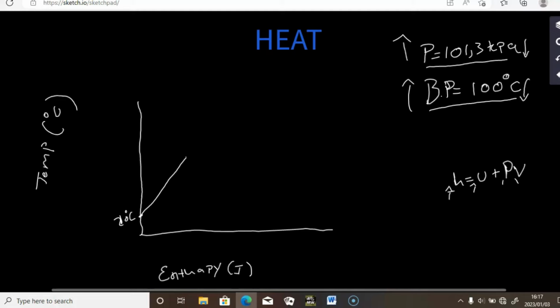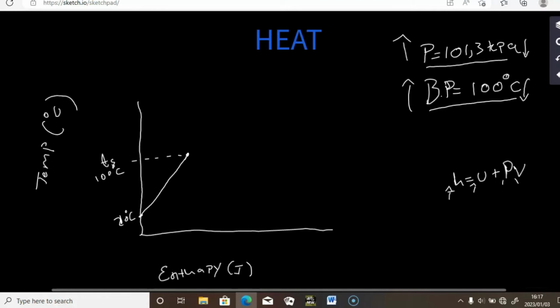The temperature will increase up until we get to the saturation temperature, TS. Saturation temperature is the same thing as the boiling point. Here, this will be 100 degrees Celsius in this case, because we are considering atmospheric pressure.